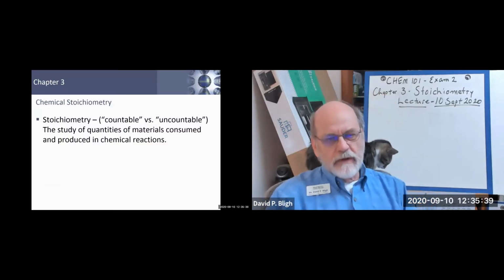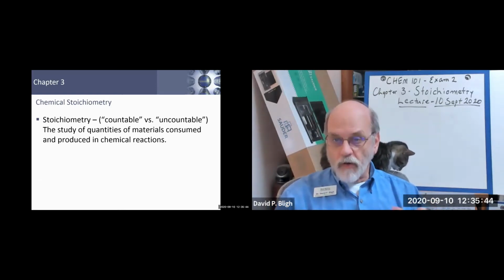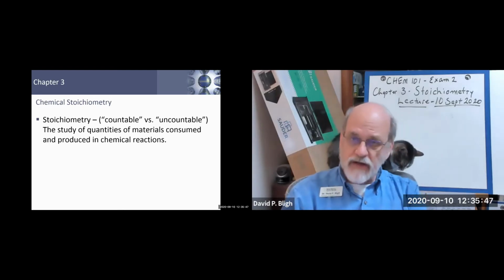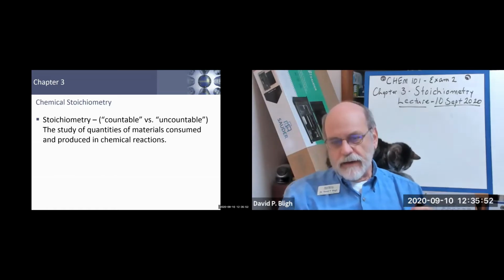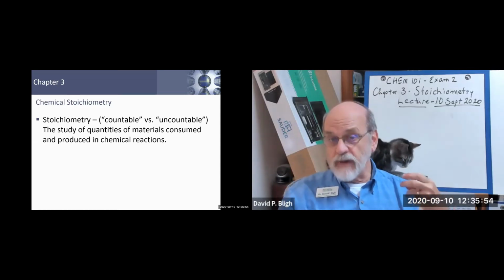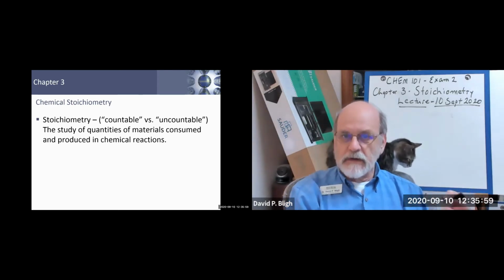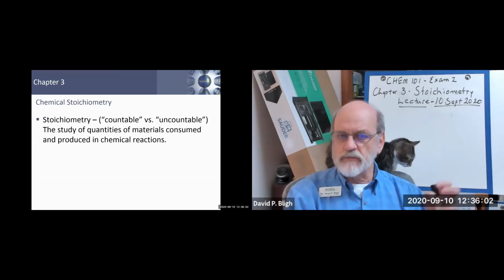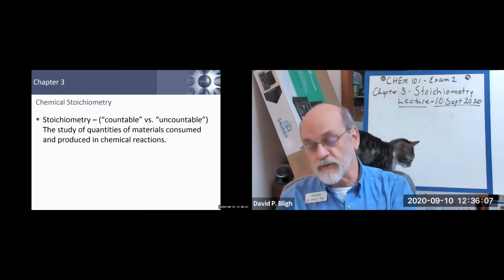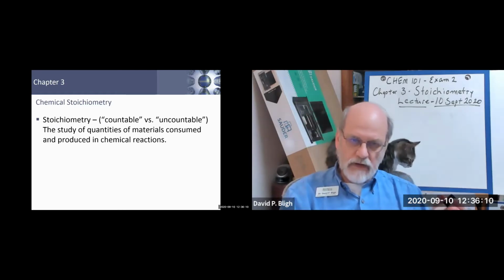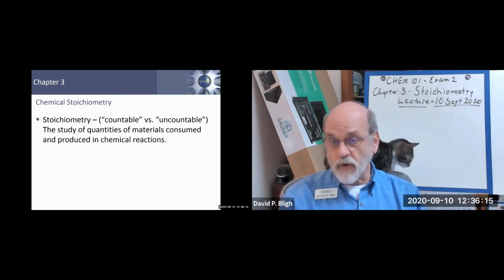Stoichiometry is a way of accounting for all the materials that are consumed in a reaction and then produced in the reaction. And this accounting can be by numbers of molecules, numbers of atoms. It's more useful, though, usually to measure masses of reactants and produced masses of product, or volumes, particularly if it's a gas, or it could be a mixture of the two.